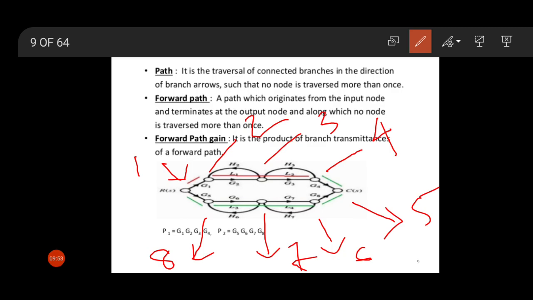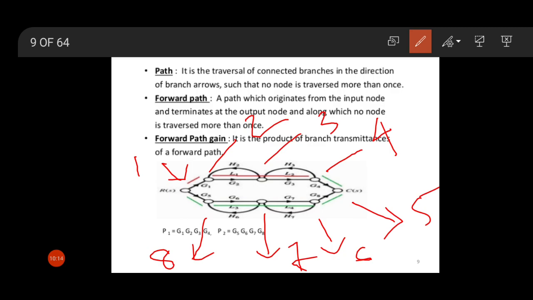So what is forward path gain? Forward path gain is the product of branch transmittance of a forward path. So if we consider the first forward path, the upper one, forward path gain is only the product of the transmittances.